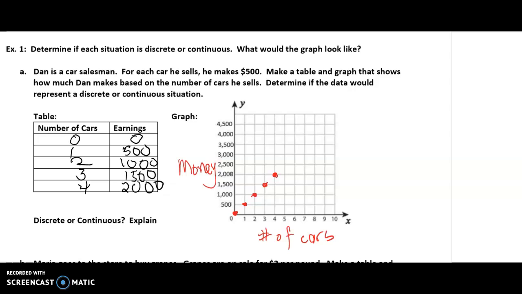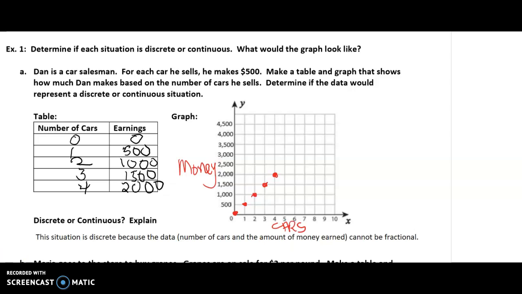Those values cannot be fractional, meaning you cannot sell half a car or 2.5 cars, you can only sell whole cars. That means that this data has to be discrete. Therefore, we are leaving these dots unconnected. Again, this situation is discrete because the data, both the number of cars that can be sold and the amount of money that Dan can earn, cannot be fractional.